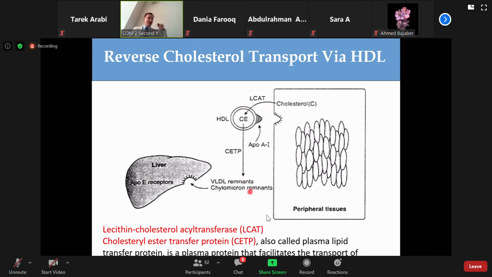And there are different drugs right now being tested in clinical trials to try to block the CETP. To do what? To increase HDL. Increasing HDL will reduce your atherogenicity, will reduce the percentage of heart attacks, strokes, and so on.